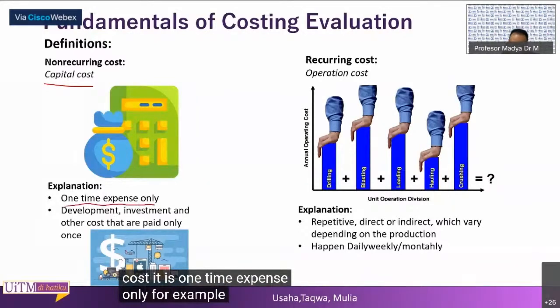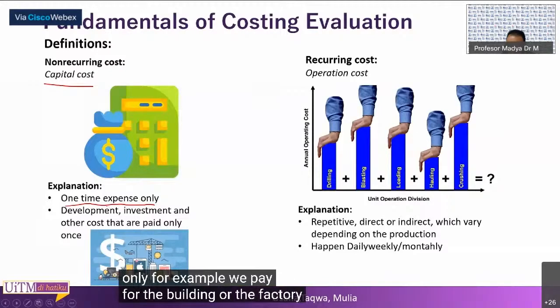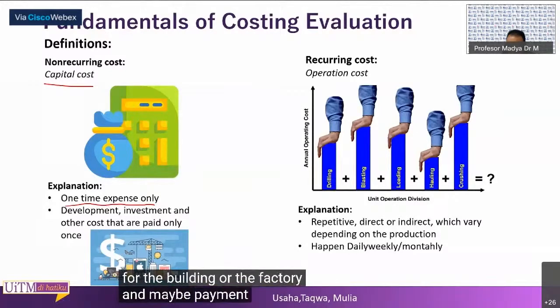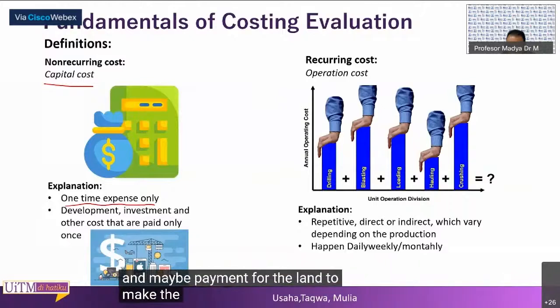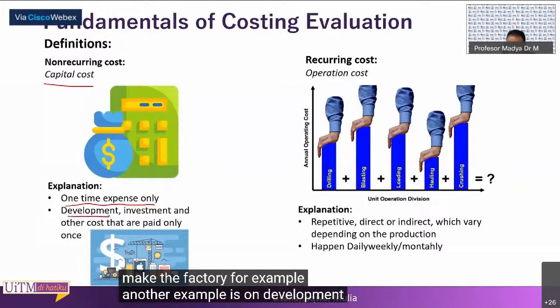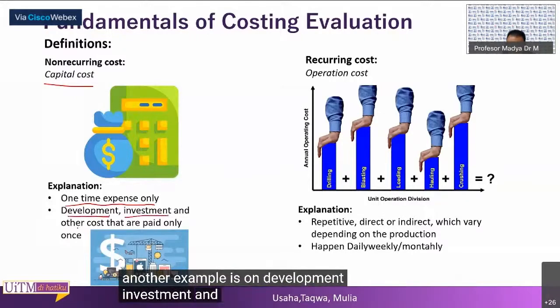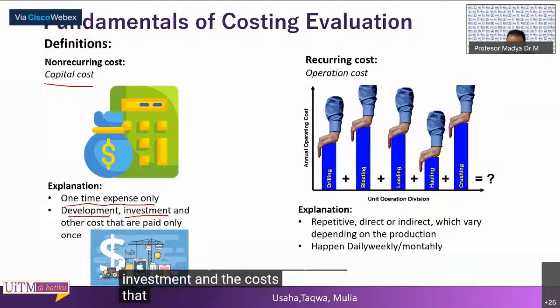For example, we pay for the building or the factory and maybe payment for the land to make the factory. Another example is development, investment, and other costs that are paid only once.